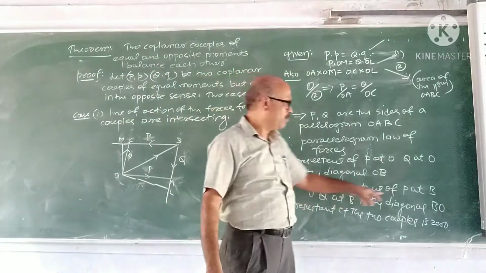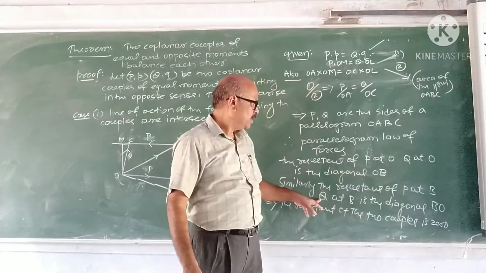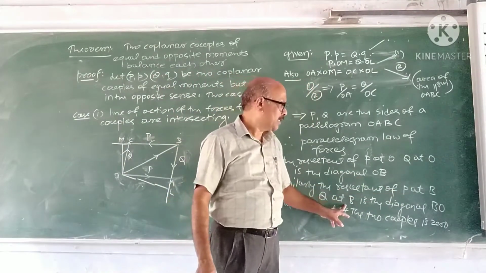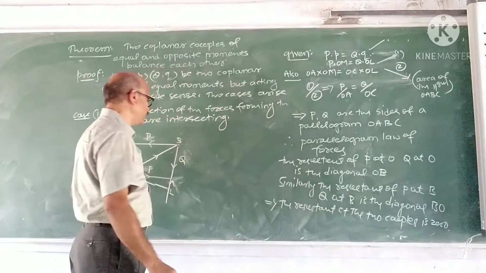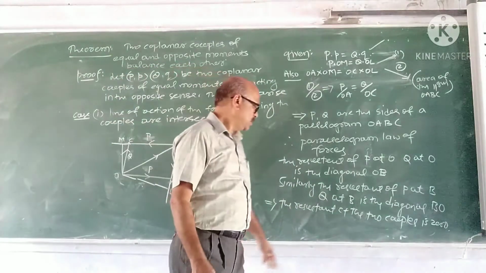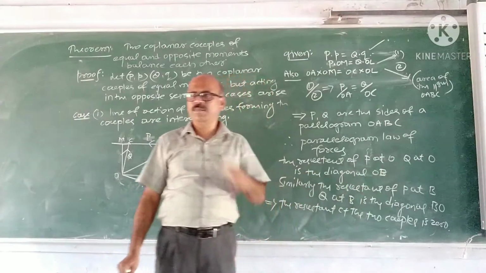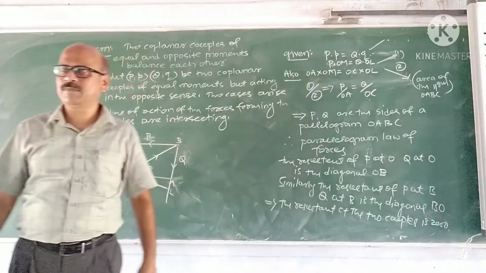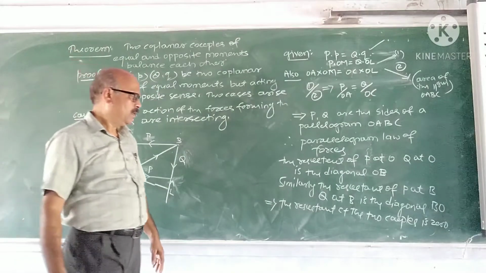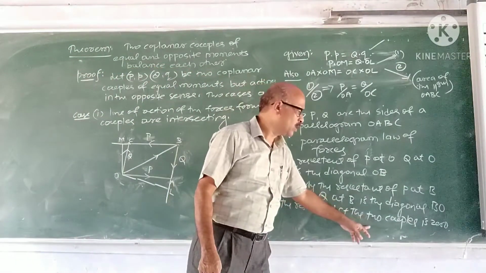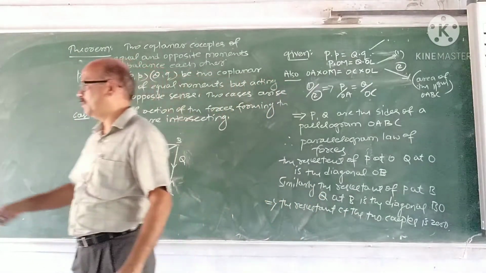Similarly, the resultant of P at B, Q at B is the diagonal BO. OB and BO, they neutralize each other. Therefore, the resultant of the two couples is 0.